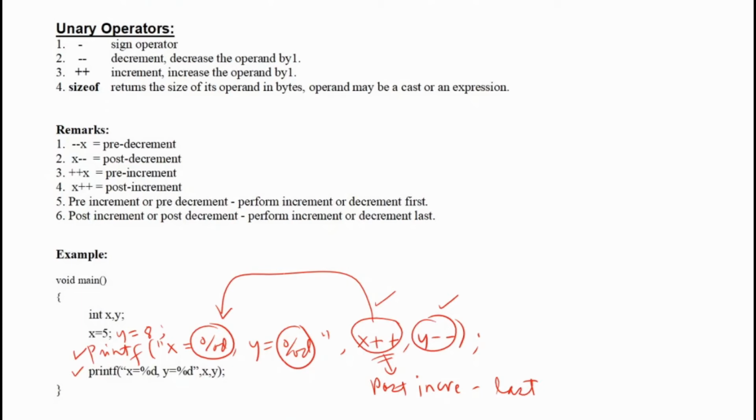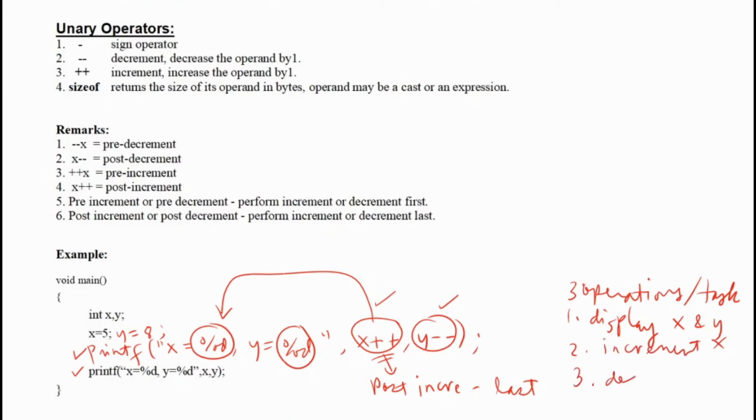So there are 3 operations actually here. The first is the task of displaying the value of x and y, the second is to increment x, and the third is to decrement y. So which of these 3 are we going to perform first when this line here is executed?